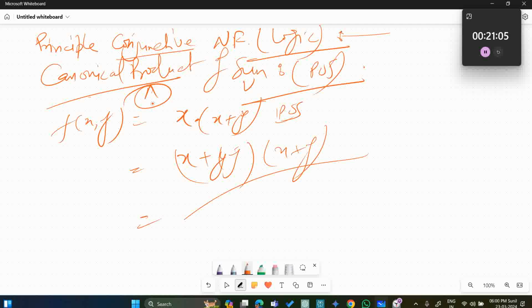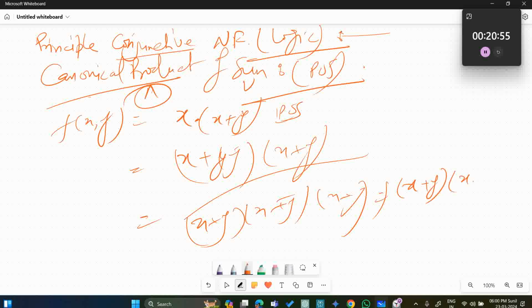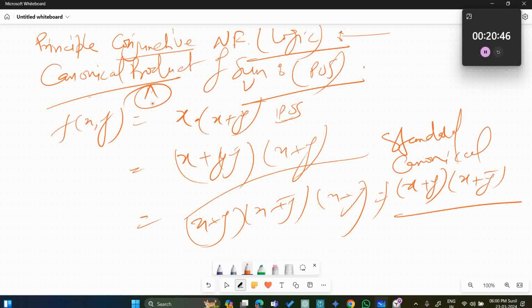And this would be (x plus y bar)(x plus y), and simplifies to (x plus y)(x plus y bar). This can be extended to canonical form. Right? This is distributive law here. Plus is distributed over. Canonical principal normal form must contain every variable in every term. Alright, this is the principle.